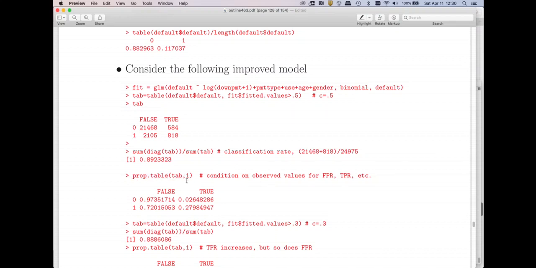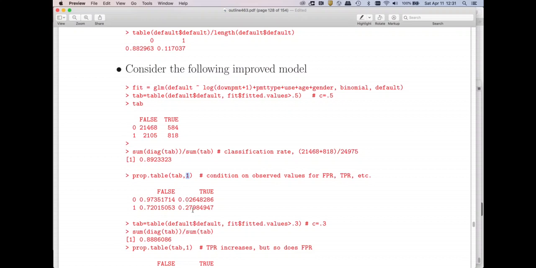If I say prop table with value 1, 1 means condition on the first coordinate. Remember, when we specify a matrix, we give the row then the column. So x sub ij, i is the row, j is the column. So here we're saying I want to condition on the rows.